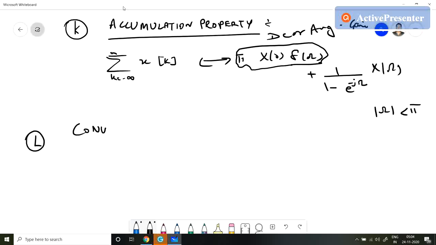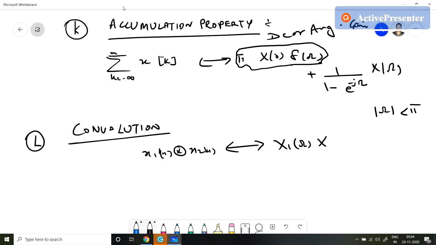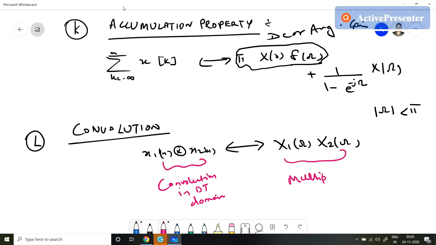So the next property is convolution. That is a very important property. If we have x1[n] convolved with x2[n], then it is nothing but the multiplication of X1(ohm) with X2(ohm). So if we have convolution in the discrete time domain, then we have multiplication in the frequency domain, that is the ohm domain.